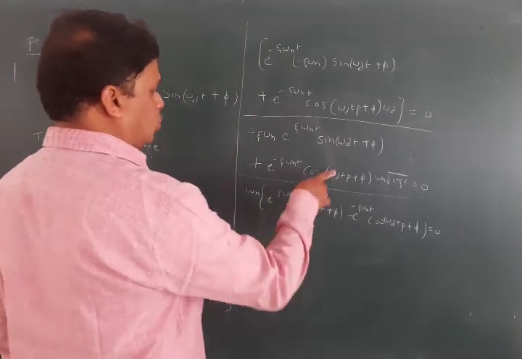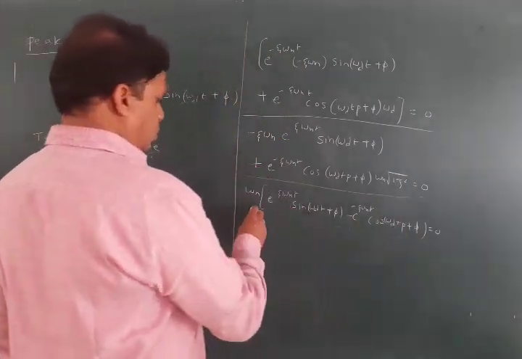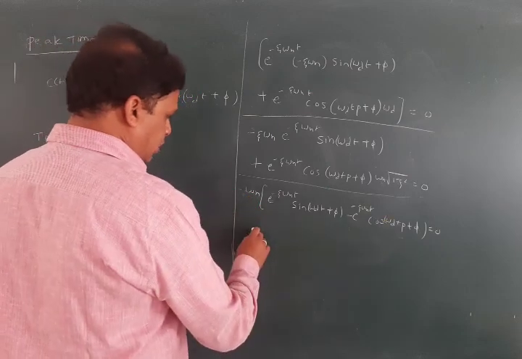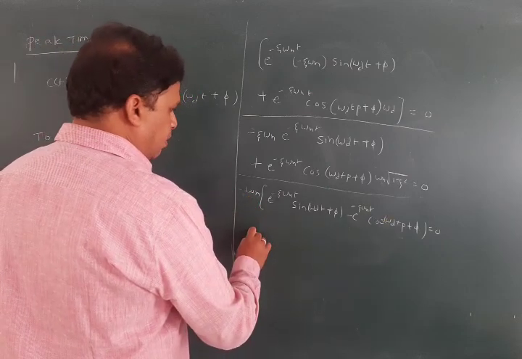So I have taken this common and equated to 0. Now this completely becomes 0 on that side.